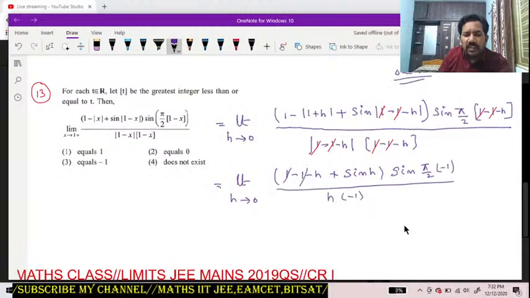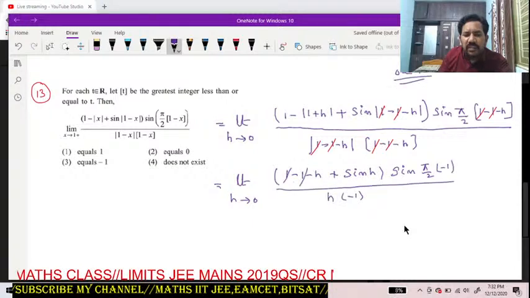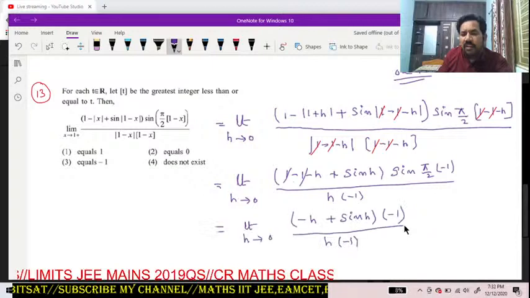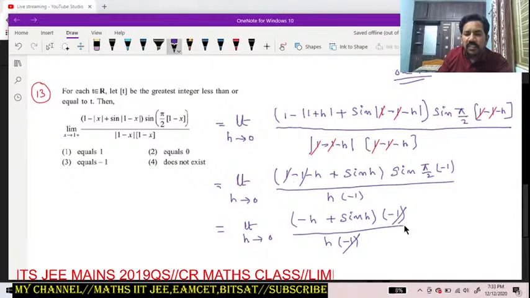And see that limit h tends to 0. Overall numerator: minus h plus sine h into pi by 2 into minus 1, minus pi by 2. Sine of minus pi by 2 is minus 1. Denominator: h into minus 1. So minus 1 cancel. So here the limit splits in two parts.